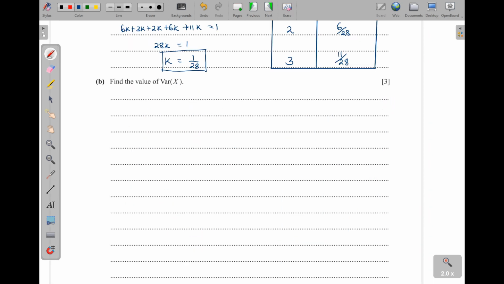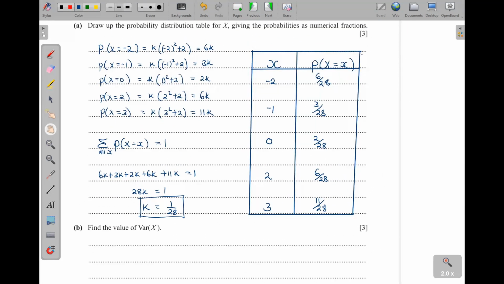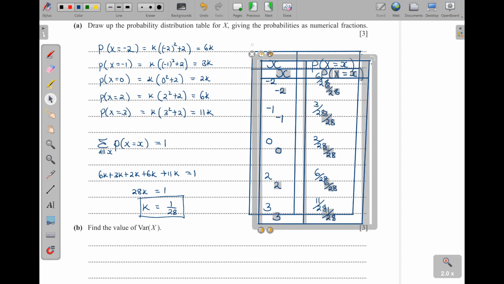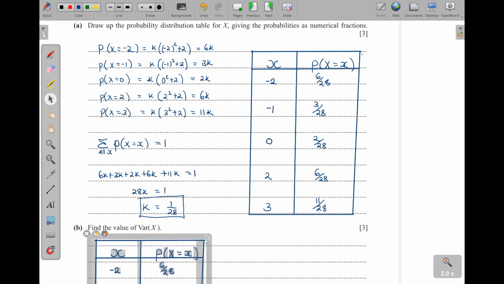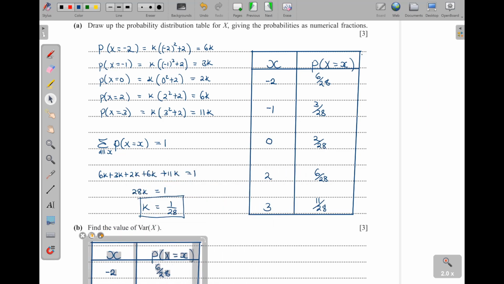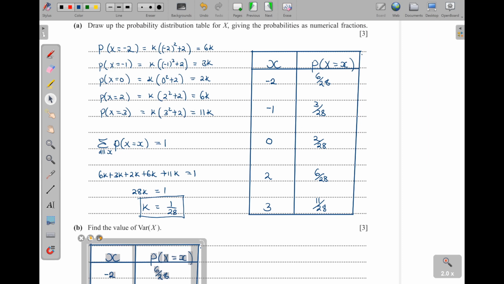Now, next, they want us to find the value of the variance of x. So, I need E(X) and I need E(X squared). Now, to produce smarter work, I'm just going to copy this whole table, and then duplicate it and put it down here.